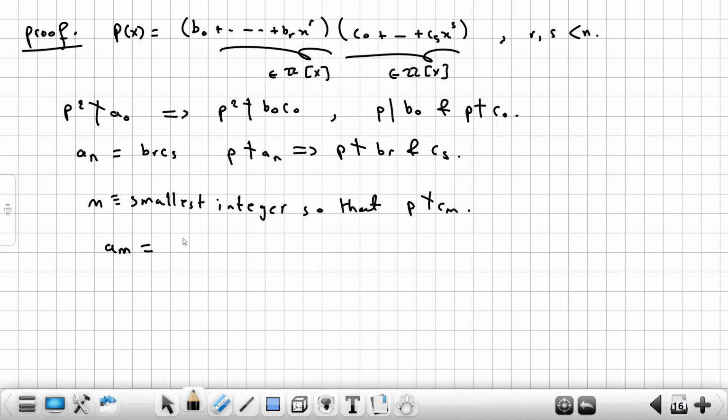Look at the term am. am is equal to what?